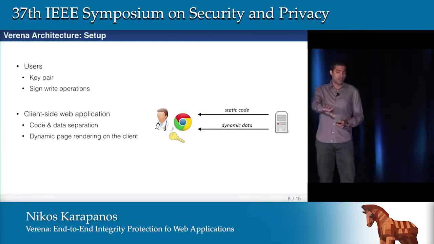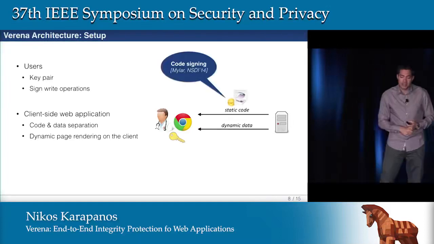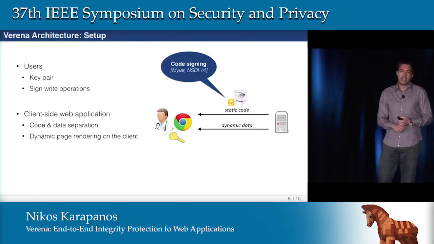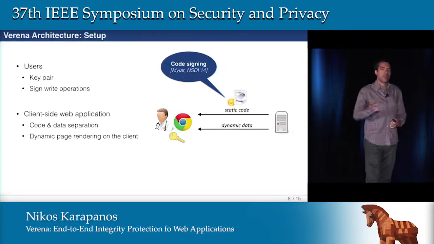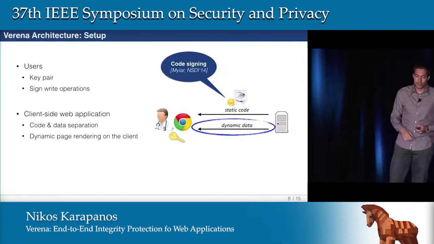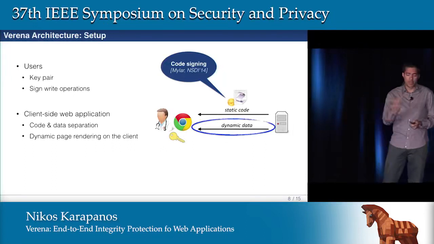Obviously, we need to protect both the static part and the dynamic part. Regarding the static part, there are already techniques based on code signing that allow a browser, before loading the web page, to verify that the code is untampered and authentic. So in this talk, we will focus on the dynamic aspect of the web application.